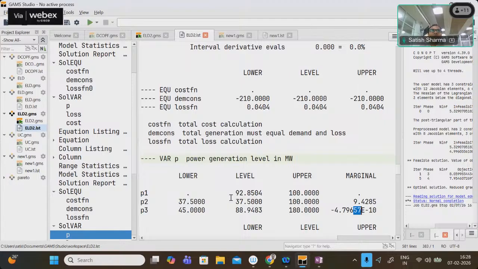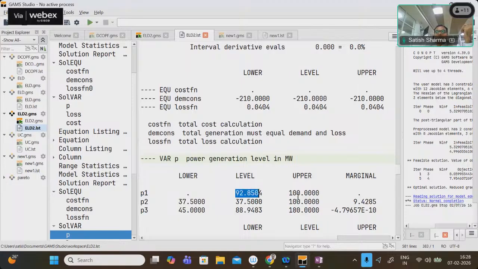I think we have discussed this a lot. As this is at the lower limit, the level was also the same, which is why we get a marginal value, as in the same MATLAB. Whenever a variable hits a limit, either maximum or minimum, the marginal value will have a certain significance; otherwise it will be very small, like 10 to the power minus 10, because it is within the bounds.